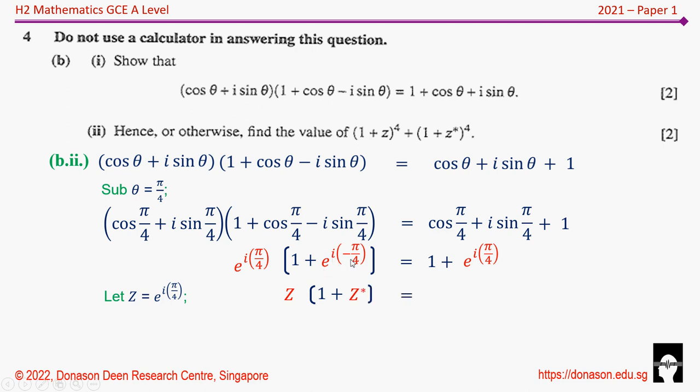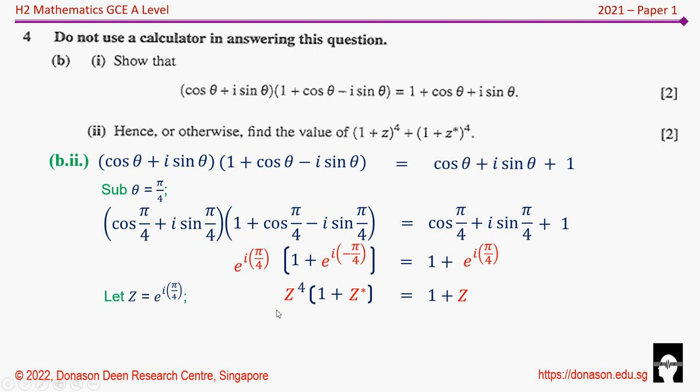Since the argument has become negative, it is actually the conjugate of z. z's argument is pi over 4, so the conjugate will be the reflection about the real axis, which is minus pi over 4. So this is your conjugate of z, and on the right hand side, this is basically z. So we have z times 1 plus conjugate of z equals 1 plus z.